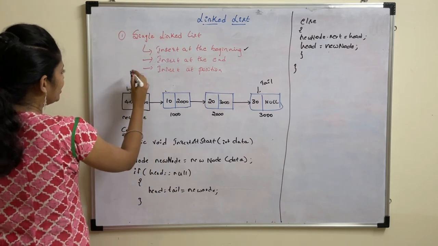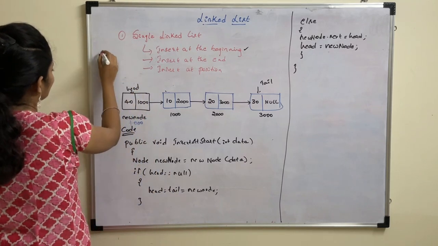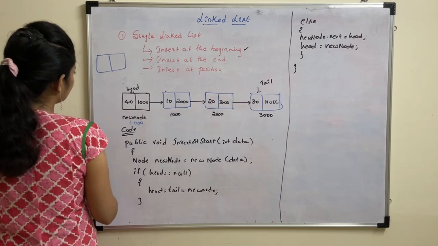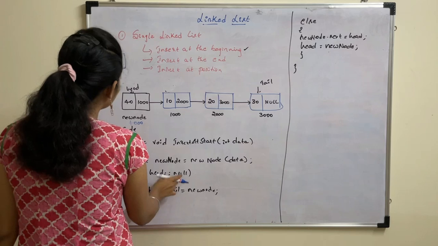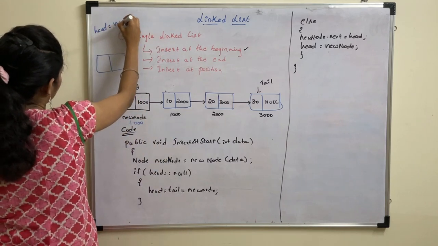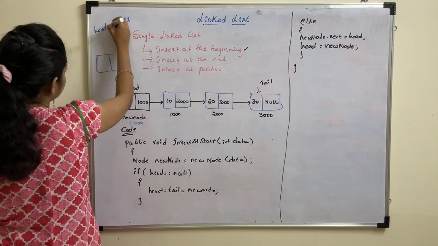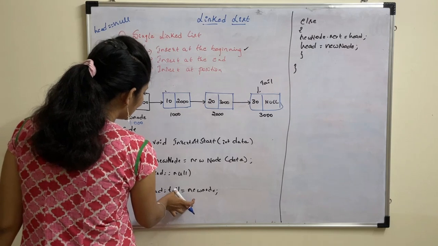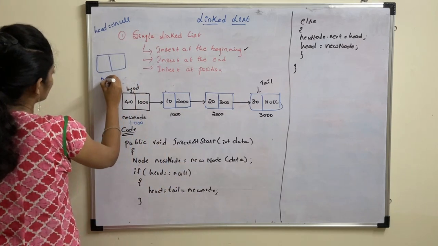That means you need to point. Suppose there are no nodes in the linked list and this is the newly created node. In this case, as there are no nodes, head is equal to null. Now you need to point head as well as tail to this new node.